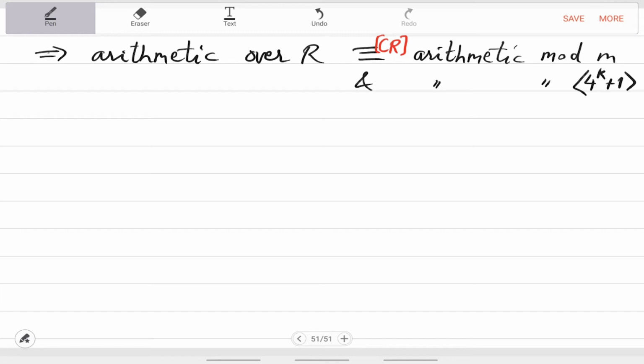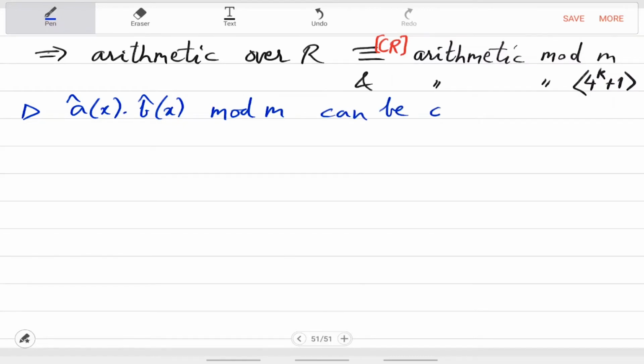So, okay, the first observation is a hat times b hat, and remember these are polynomials, mod m, can be computed in how much time? So m is just, well, m is n by 2. Maybe I misspoke before.